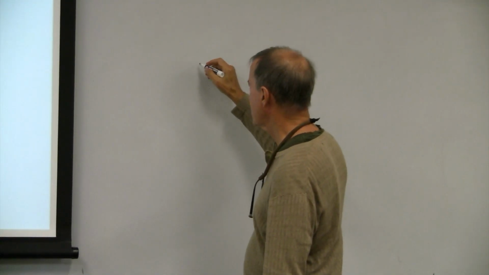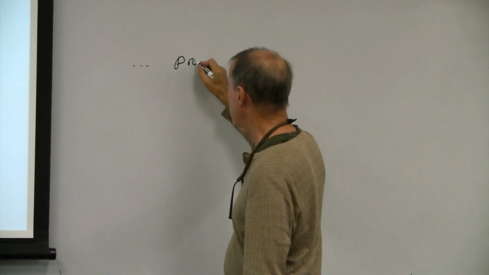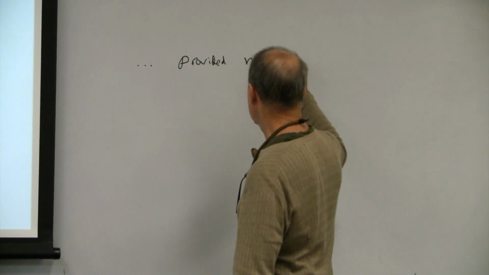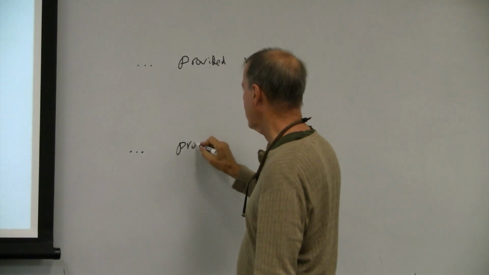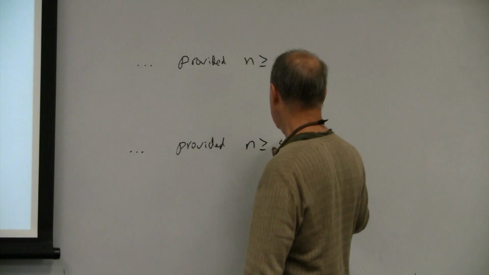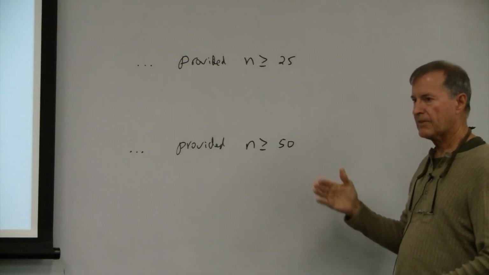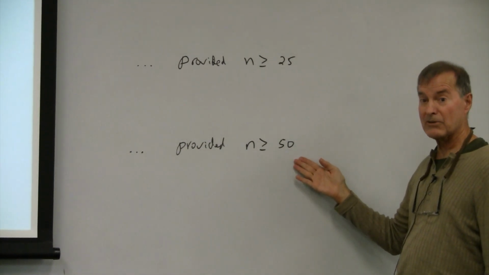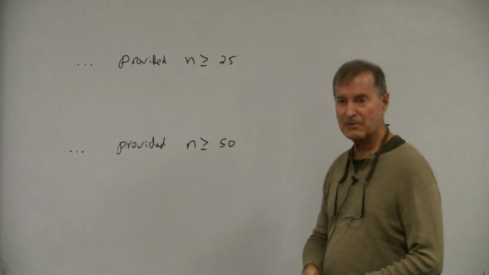Suppose you had a proof that said provided n is greater than or equal to 25, and then suppose somewhere later in the proof it said provided n is greater than or equal to 50. Then which one would you pick? Yeah, you would pick the stronger one, which is n is greater than or equal to 50, because if it is greater than or equal to 50, then it's greater than or equal to 25. So you got to pick the stronger one.